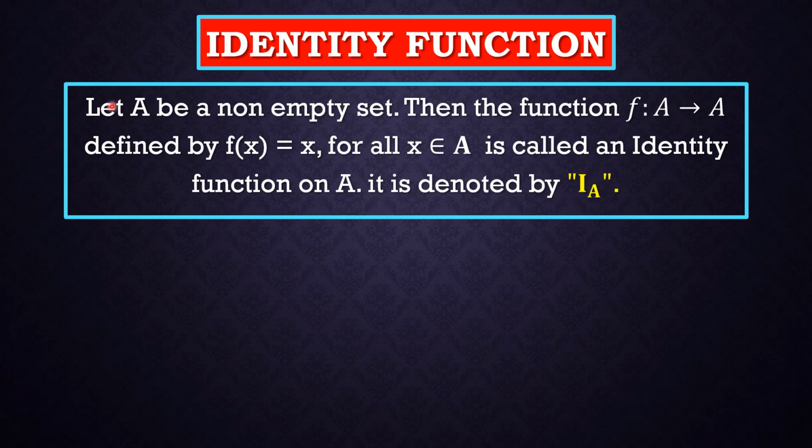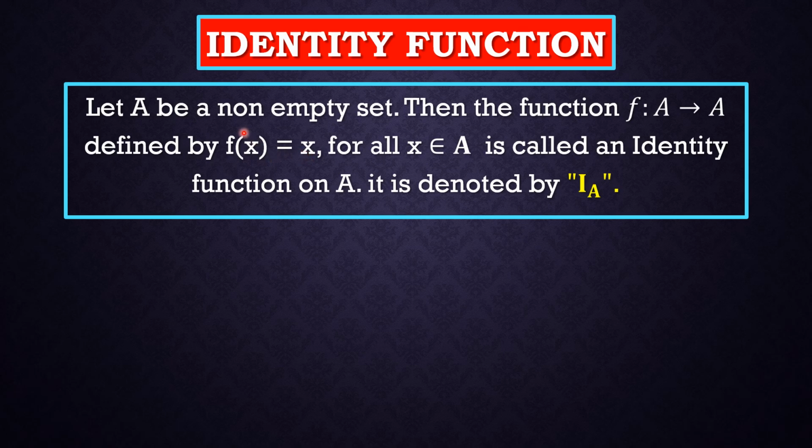Here we observe in this definition, we take the set A as a non-empty set and we define one function f from A to A. Here the domain set is A and the codomain set is also the same set. So we define that function f is mapping from A to A, defined by f of x equals x.